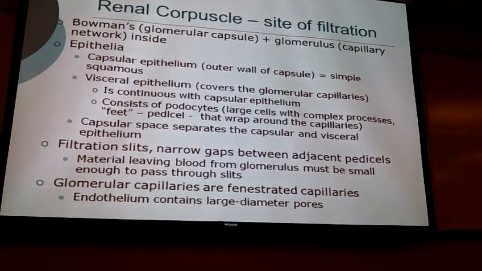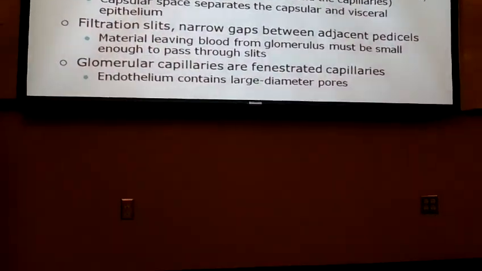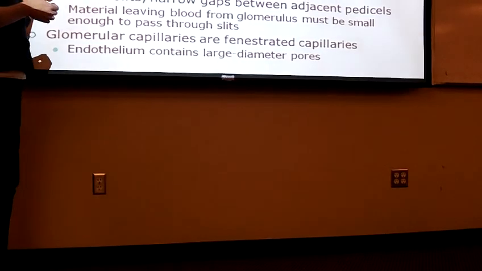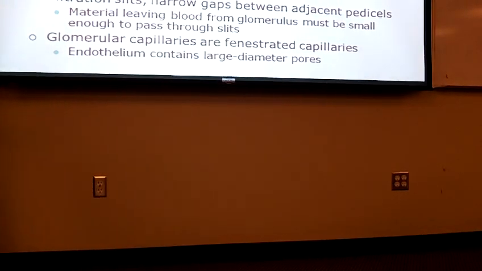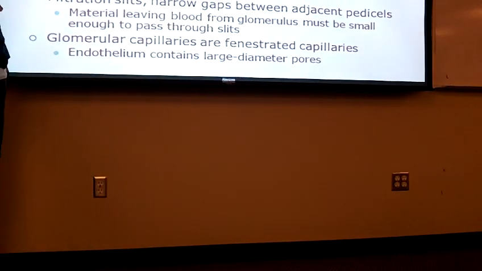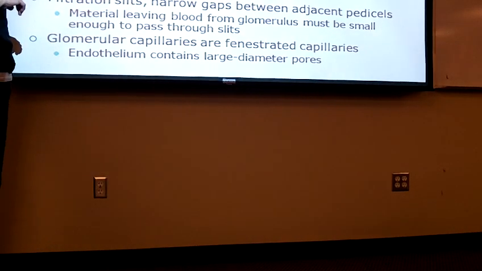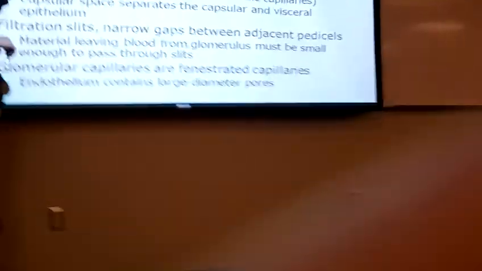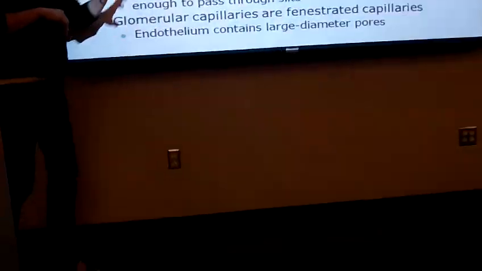So for filtration, we want to see kind of how it happens. When we look at Bowman's capsule, we're going to see that the capsule is lined with simple squamous epithelia.